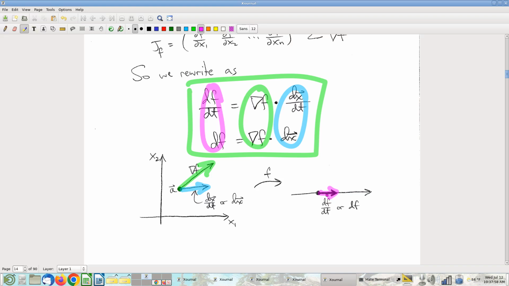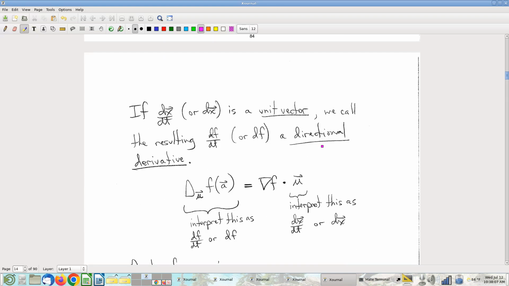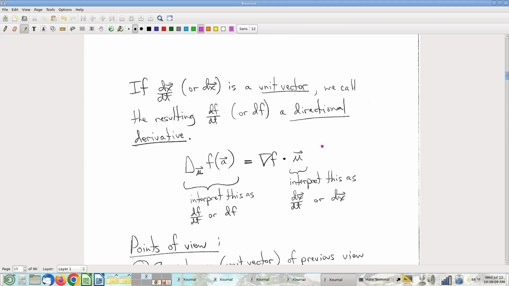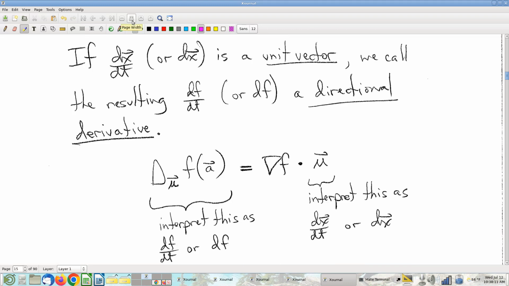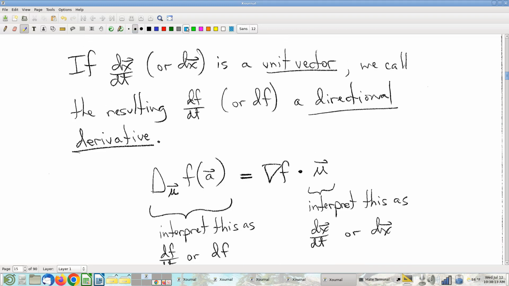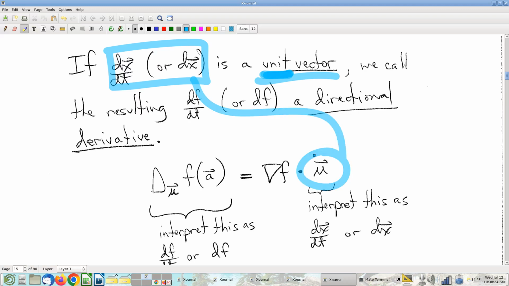But in this case, real valued function and all, we're viewing it as a dot product with the gradient. Okay. All right. So what is a directional derivative? A directional derivative is just a special case of this. It is the special case where our input velocity is a unit vector. So, unit vector.